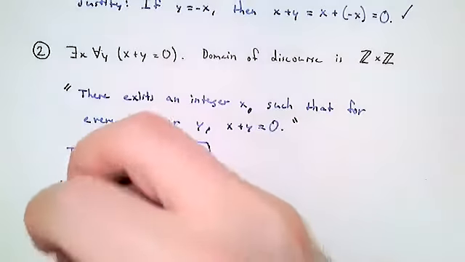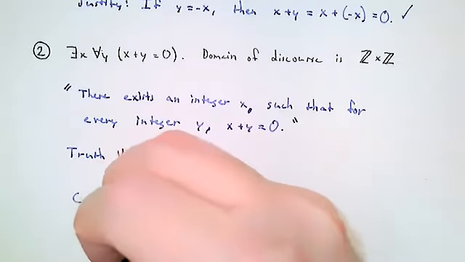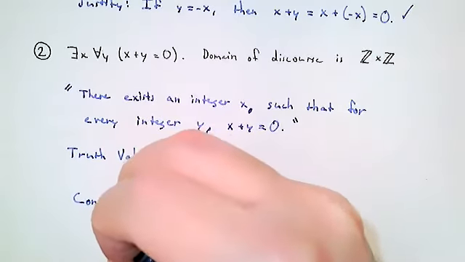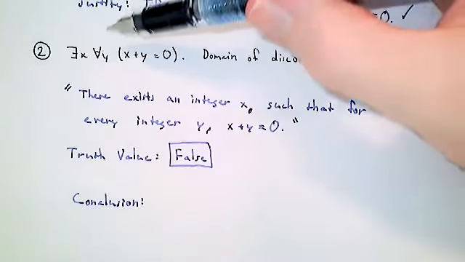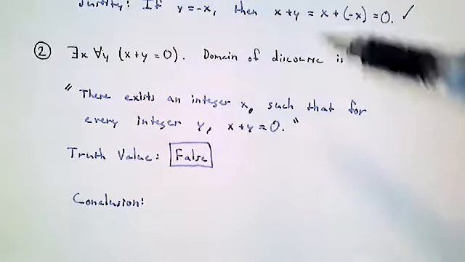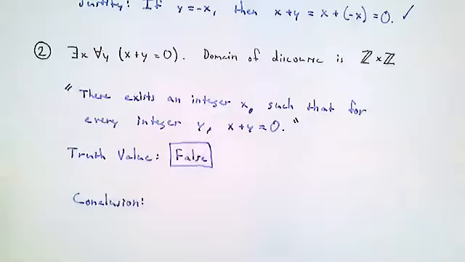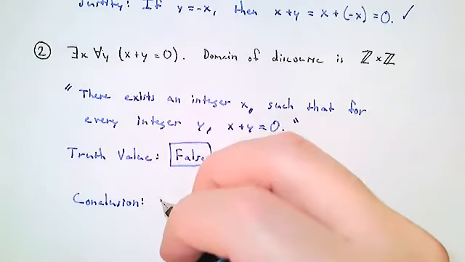So the important conclusion from this example is that the order of the universal and the existential quantifiers matters.